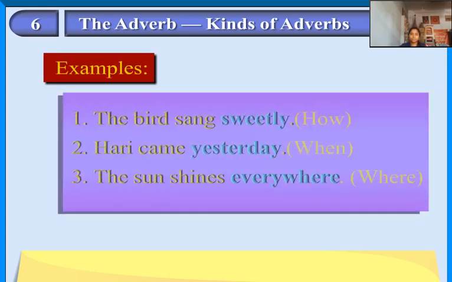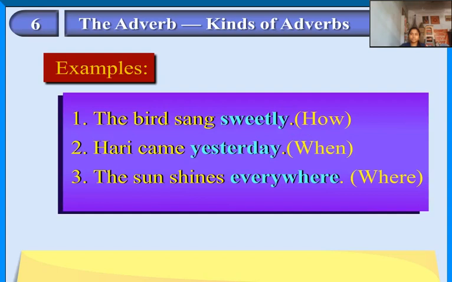Examples: the birds sang sweetly. How? Hari came yesterday. When? The sun shines everywhere. Where?